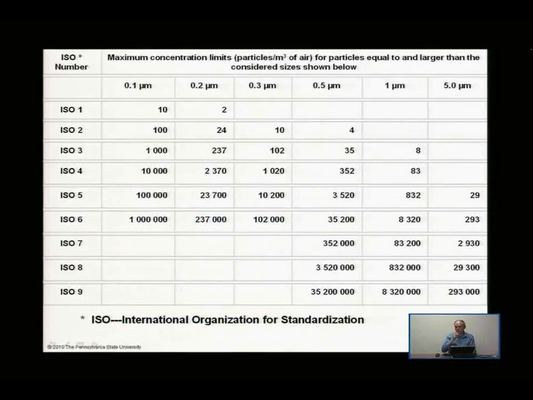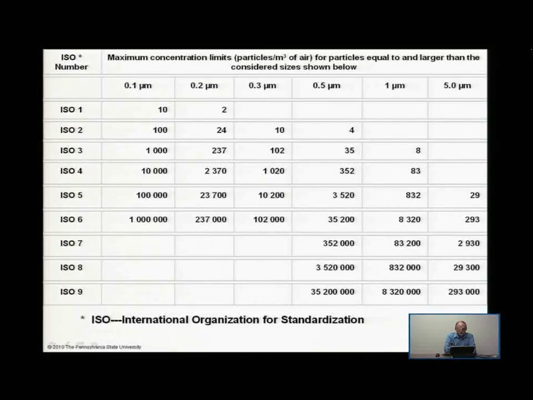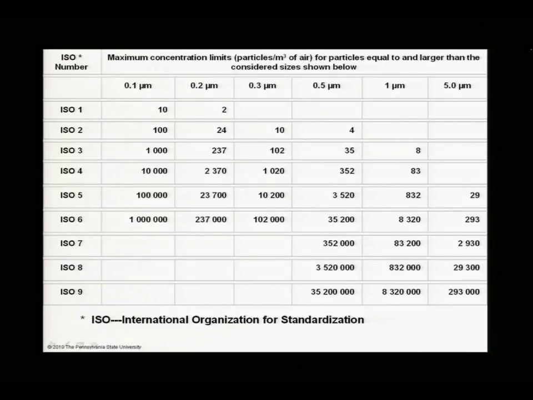Now there's another scheme used to talk about room cleanliness, and this one is defined in a metric volume. It is defined as the maximum concentration limits, that is the particles, in terms of particles per cubic meter, for particles equal to or larger than the considered sizes shown below. And these are called the ISO numbers.